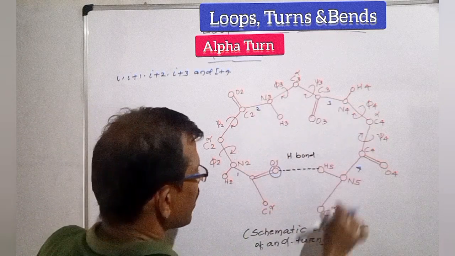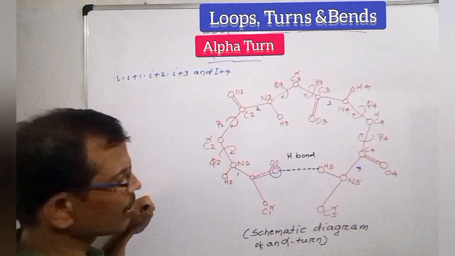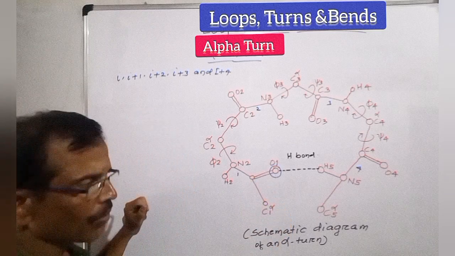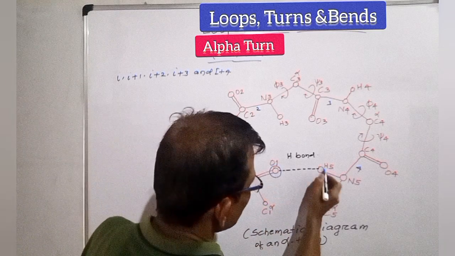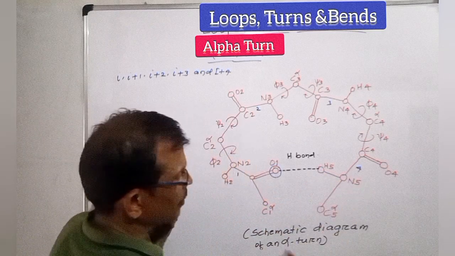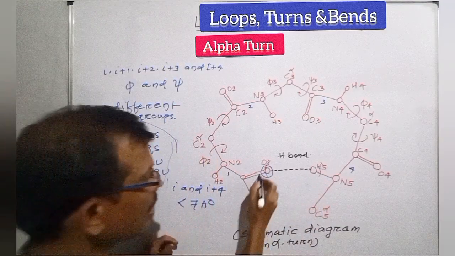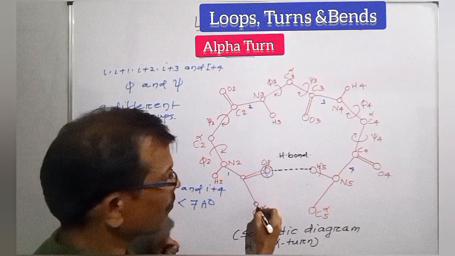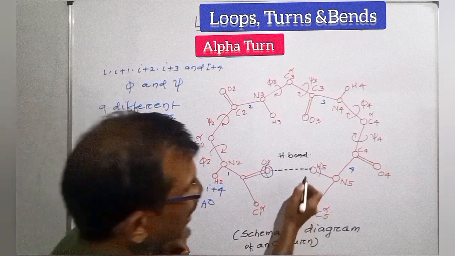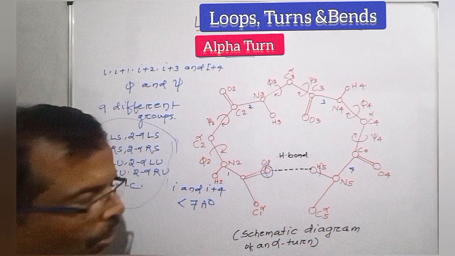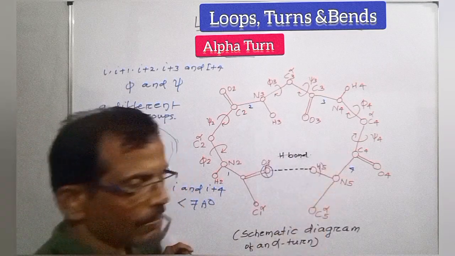It is stabilized by a hydrogen bond between the carbonyl oxygen of the first amino acid and the amide hydrogen of the fifth. This is the hydrogen bond which connects them, as a result of which this turn becomes stable.